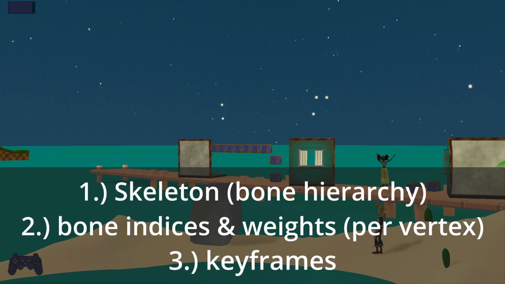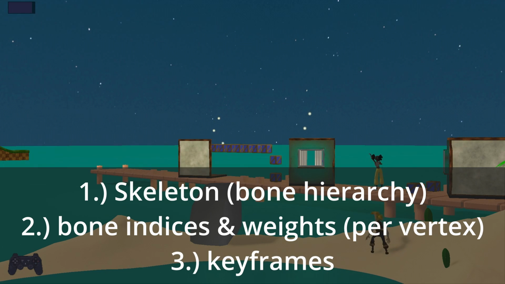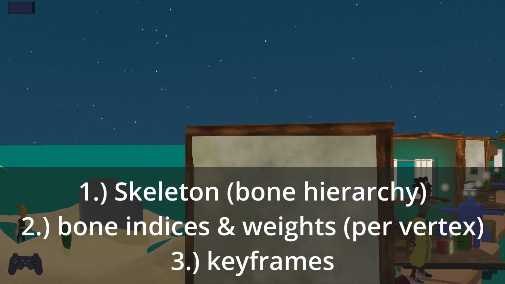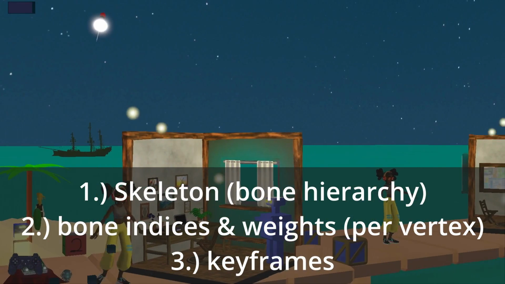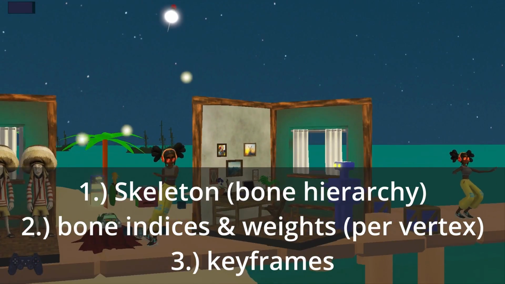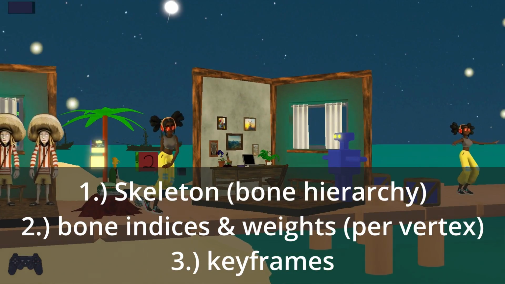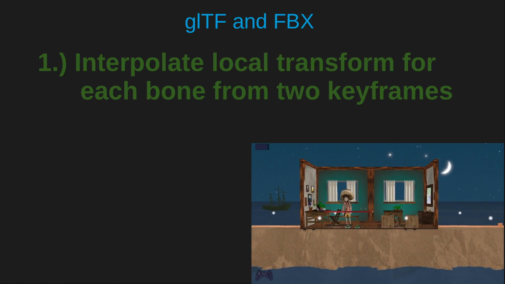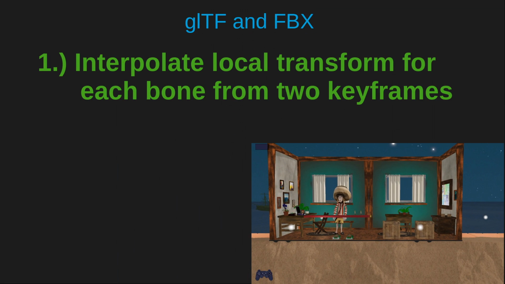Number 3, we need to load keyframes for the animation. Each bone has a list of keyframes defining the scale, rotation and translation in the local space of a bone. That's all we need to load for skeletal animation. Then on the CPU, each frame, the local transform of each bone is calculated via an interpolation of 2 keyframes.